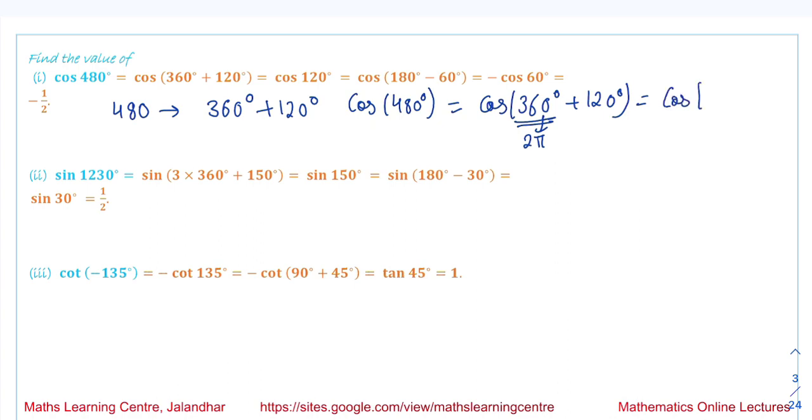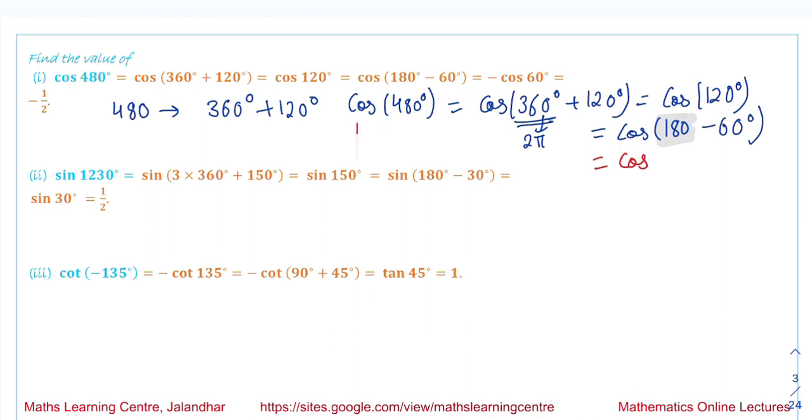So this comes equal to cos of 120 degrees, and this value we can write as cos of 180 minus 60 degrees, and we know that this is 180, so cos will remain as cos.